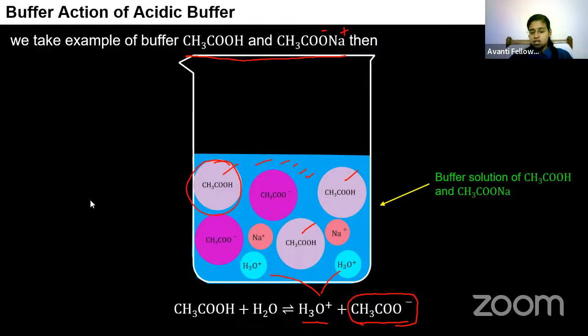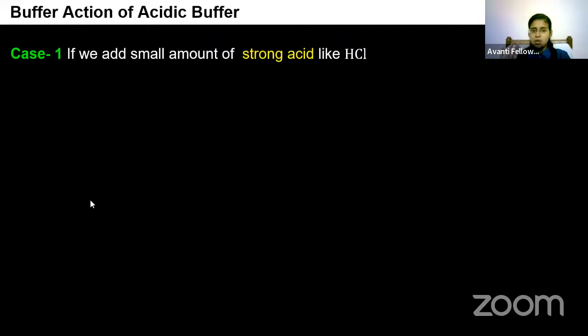Yes. So here there are going to be some cases. First is case number 1. If we add a small amount of strong acid like HCl to this system, what will happen? They produce CH3COOH and H2O.